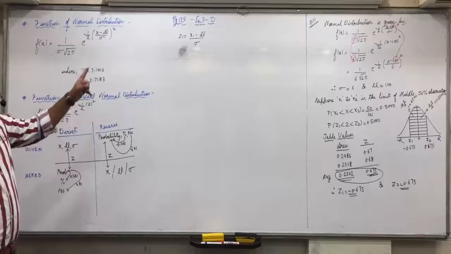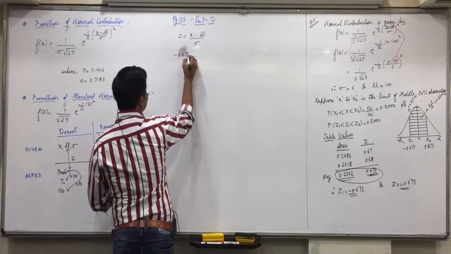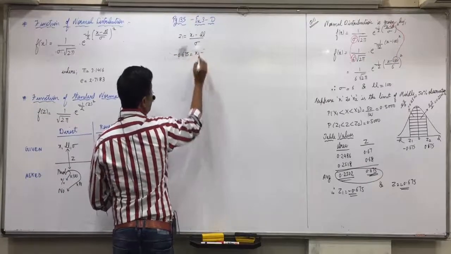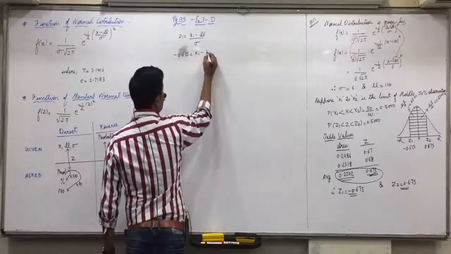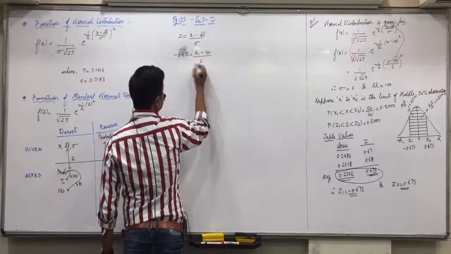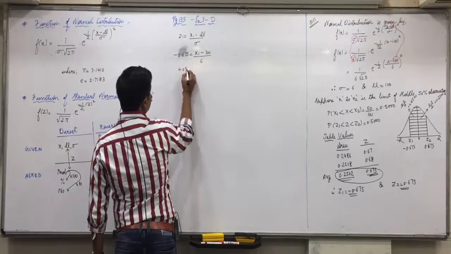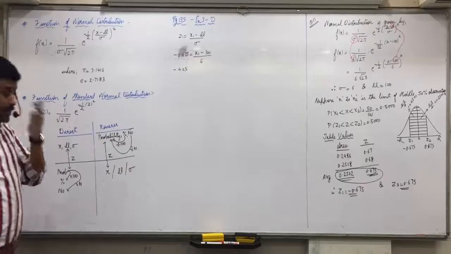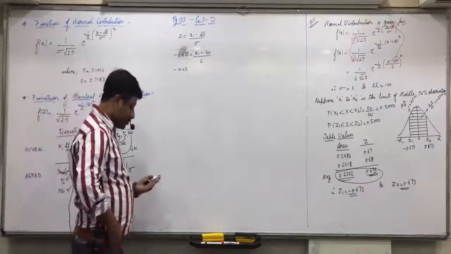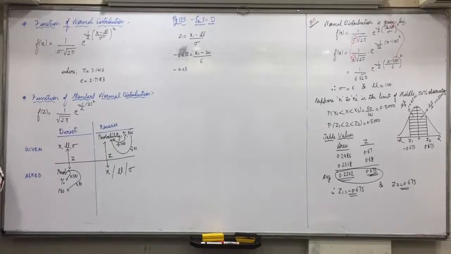Now, what will we write in z1? Minus 0.675. x1 we have to find. What did we get? Mu 100 upon sigma 6. So minus 4.05 equals x1 minus 100. Getting it, everyone?